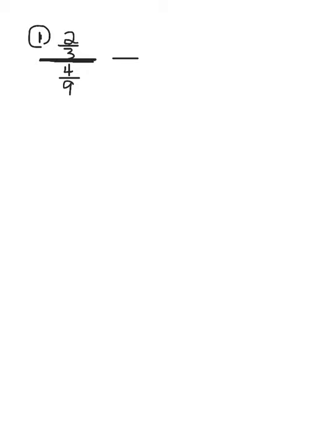So if I were to rewrite this question, I could rewrite it as 2/3 divided by 4/9. Now you won't always see it written this way. A lot of times you'll see it written the other way, and that's why I don't really write it this way. But for the first one, I think it's good.